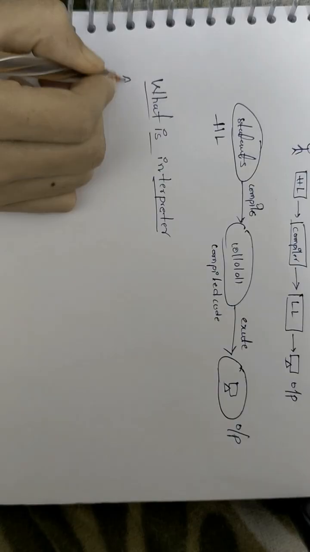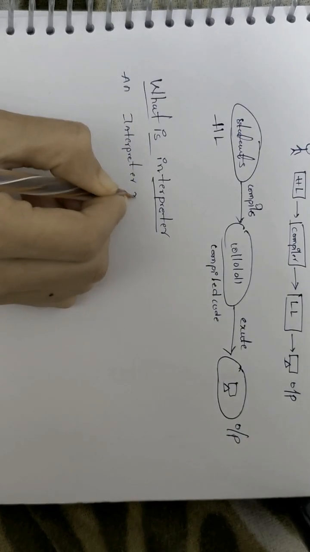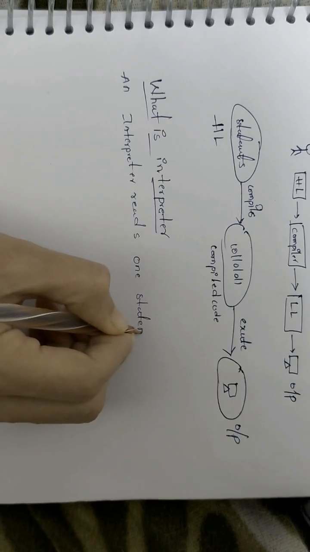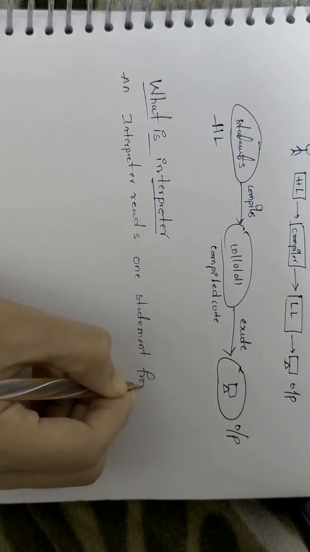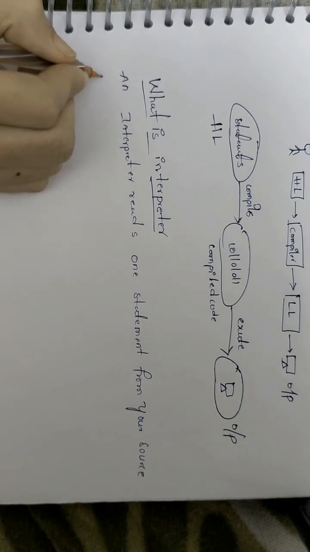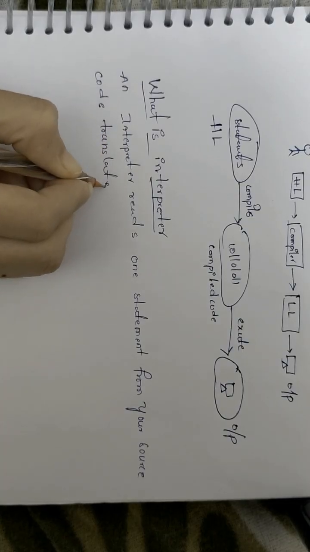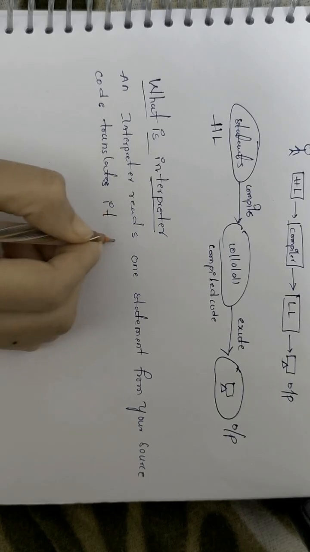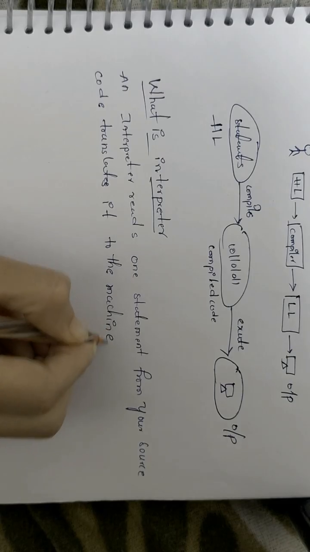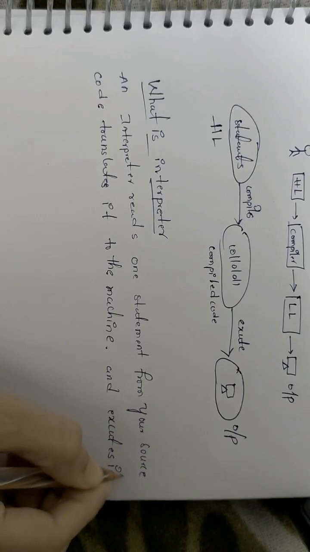An interpreter reads one statement, meaning one line of code, from your source code, translates that code into machine code, and executes it.